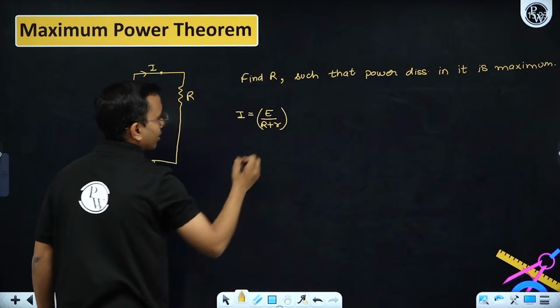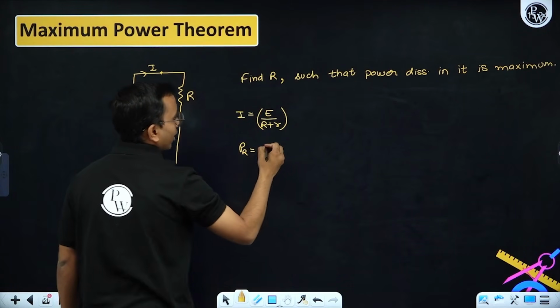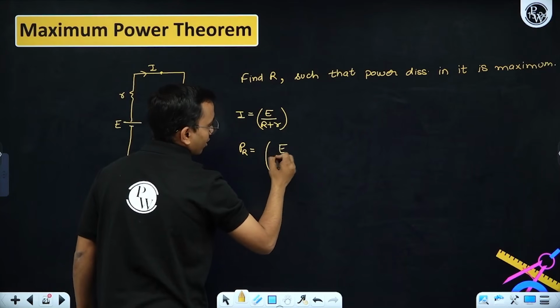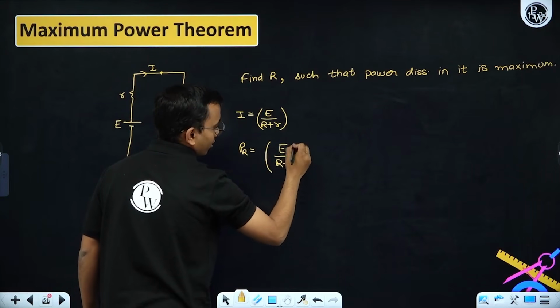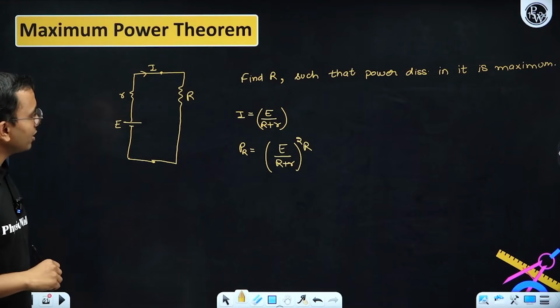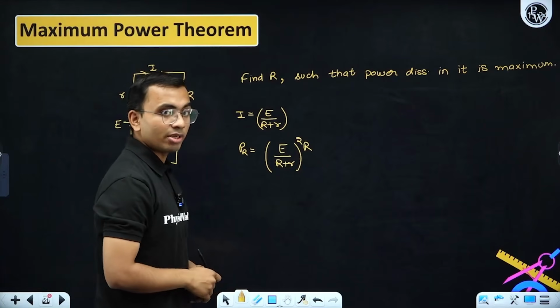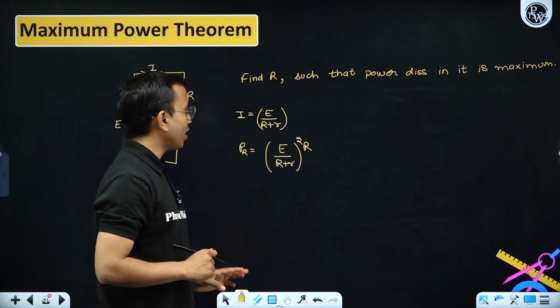This becomes my current. So the power dissipated across R is I square R. This is the power dissipated. Now what is the condition for this to be maximum? Which one is variable? R is variable.